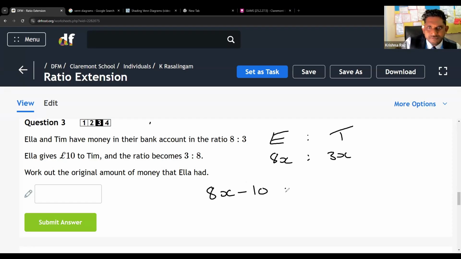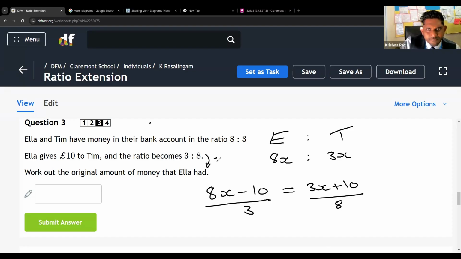So if we minus 10 from that, and we add 10 to the other one, then this divided by 3 is equal to this divided by 8.